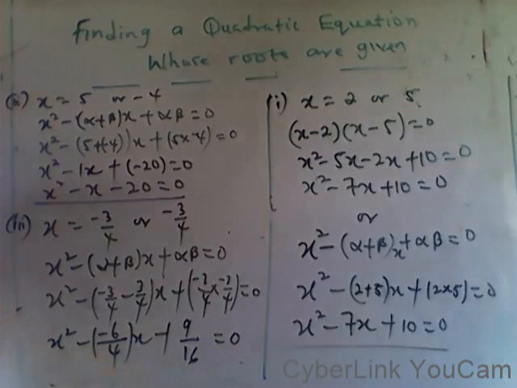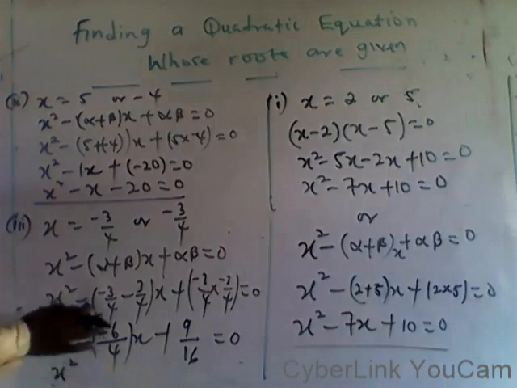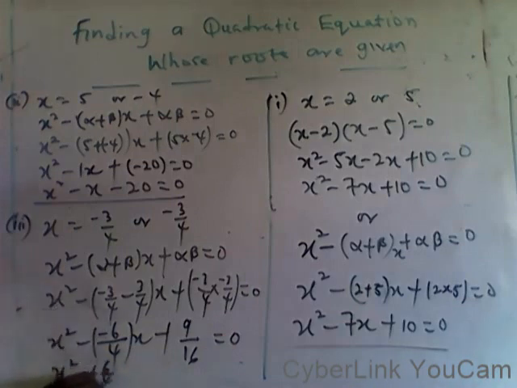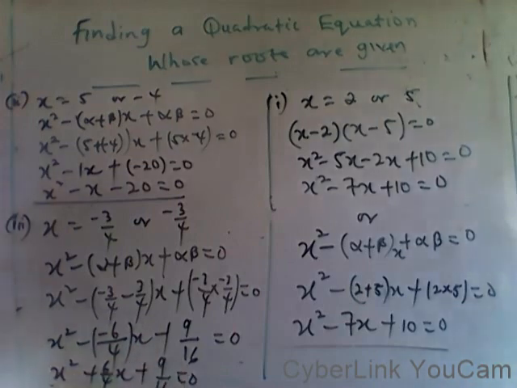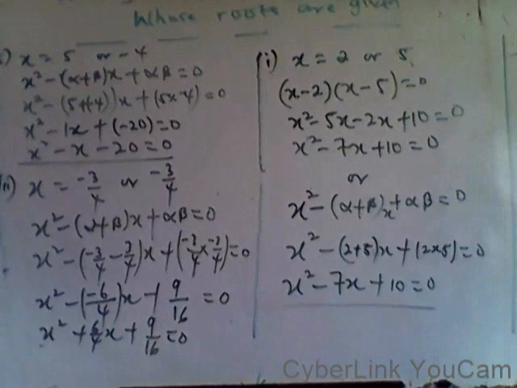Let's go further. You are going to have s squared, minus times minus is plus, plus 6 over 4 s, then plus 9 over 16 equals 0. So you have an equation like this. But this equation can still be solved further.